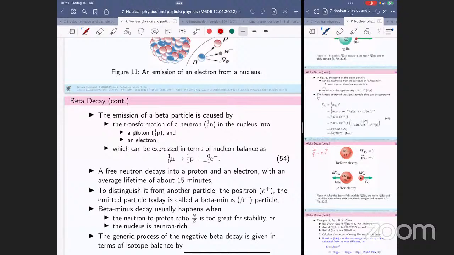The proton is denoted by p, with 1 and 1, because we have one proton at the lower left subscript and one nucleon. There's no neutron. That's why the numbers at the lower and upper positions are the same.